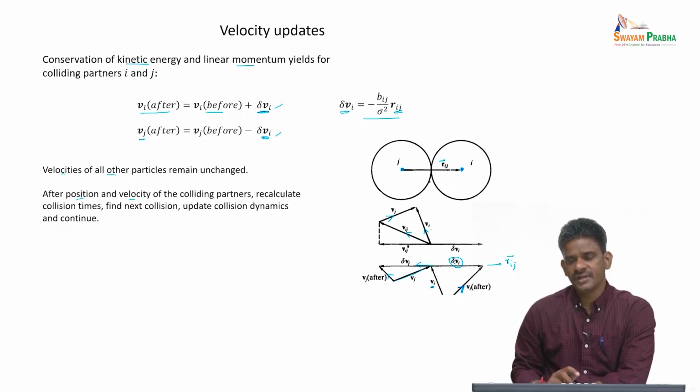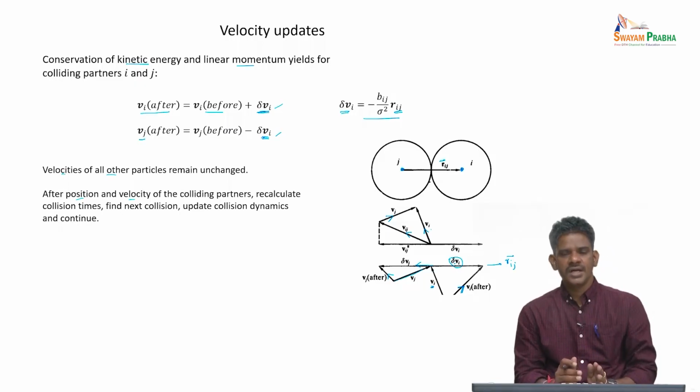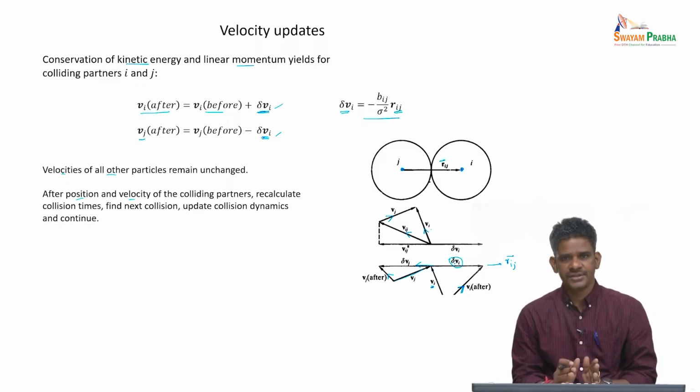Then you go to the next colliding partners and update. What we have just done is carry out one particular collision, and then we do many such collisions over a period of time, and this is analogous to integrating the equation of motion in time.